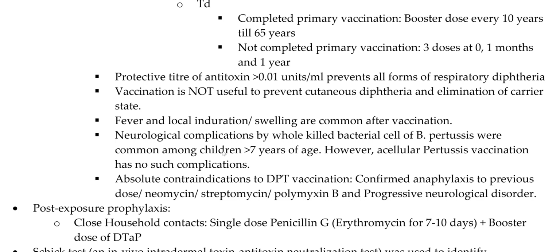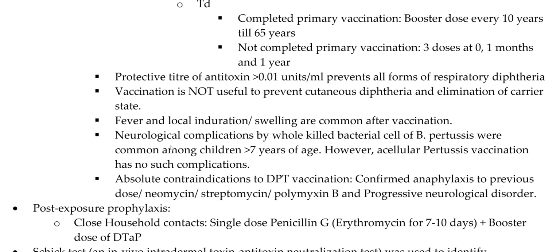But now we are using the acellular component of pertussis, and it has no such complication. So now the absolute contraindication to DPT vaccination is only confirmed anaphylaxis to a previous dose, or any antibiotic component that is added to the vaccine, for example, neomycin, streptomycin, or polymyxin. Otherwise, there is no absolute contraindication. If you have a neurological disorder and it is not stable and it is progressive, then yes, it could be a contraindication to DPT vaccination.